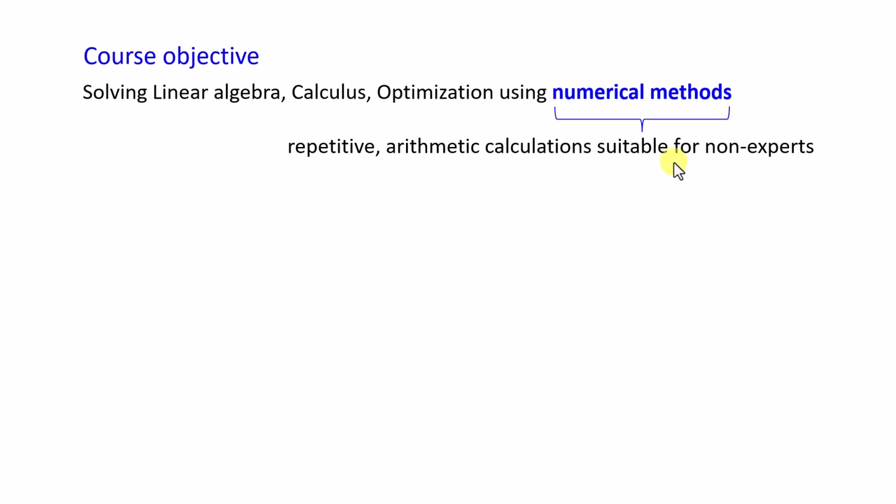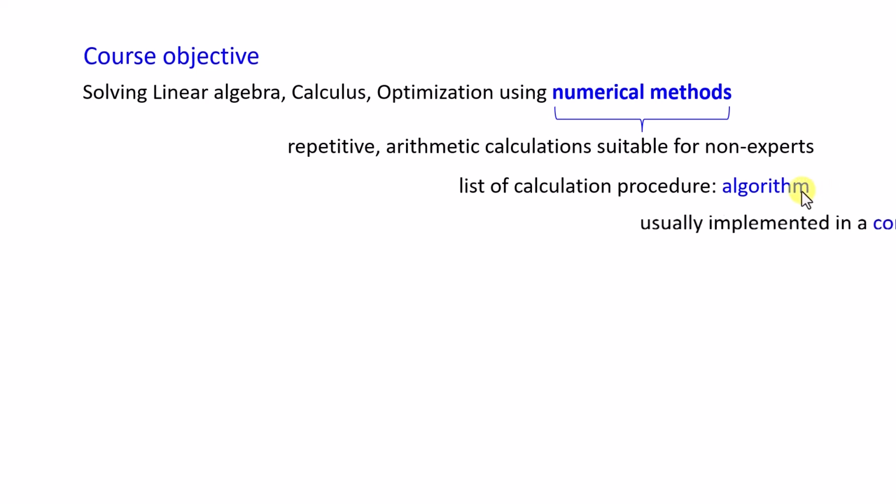To provide an appropriate solution methodology to non-experts, we have to create a list of this arithmetic calculation procedure, and such a list we call an algorithm. Once we create the algorithm, the best way to have an error-free solution is to implement this algorithm in a computer, writing a computer program.